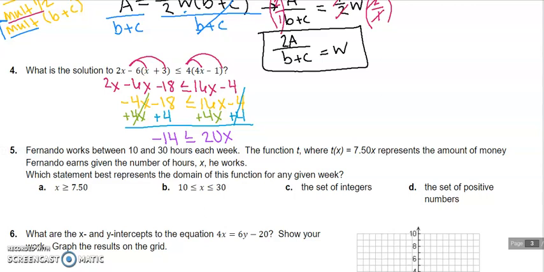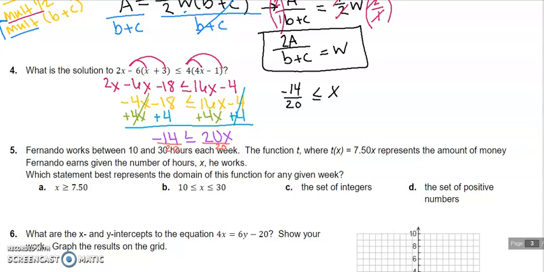So now you have to ask yourself, what is happening to x? X is being multiplied by 20, so to undo that, I'm going to divide both sides by 20. So I end up with x is greater than or equal to negative 14 over 20.